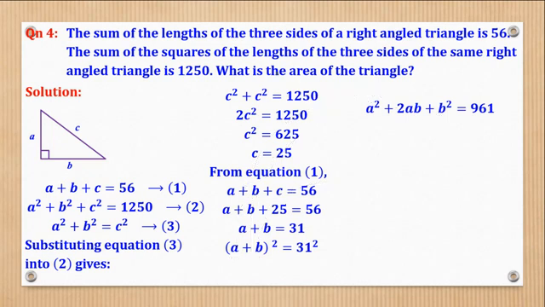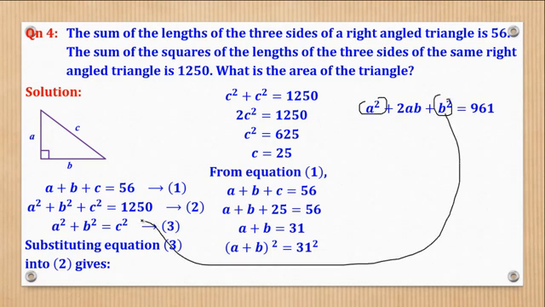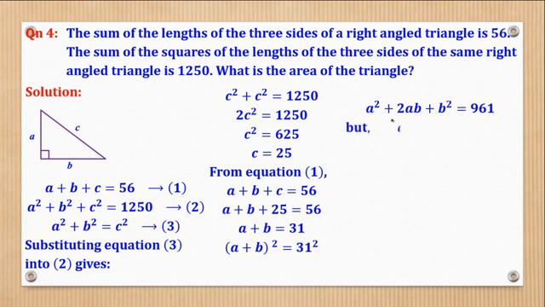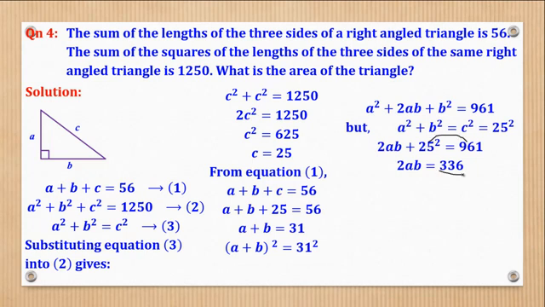Now, why have I chosen to square both sides? It is because this plus this is c squared. So I can substitute for this and this, which is here. Collect like terms, take this to this side, you come up with this. Divide both sides by 2, you come up with that.